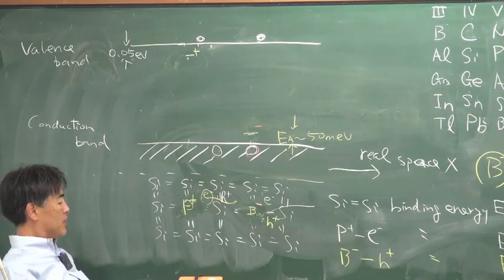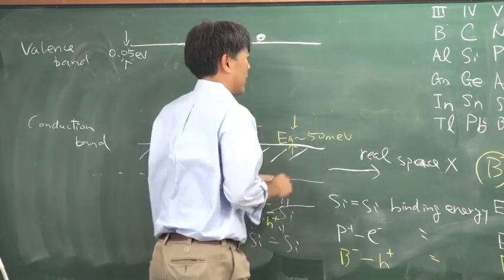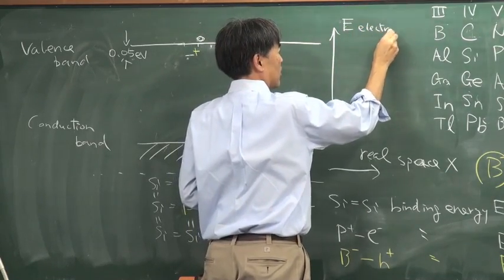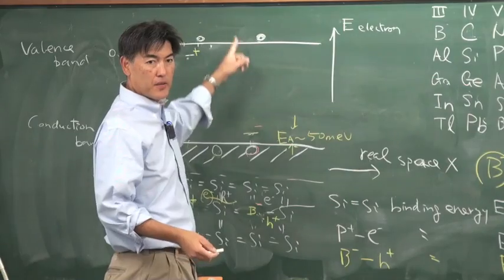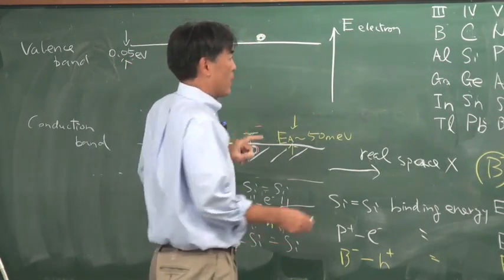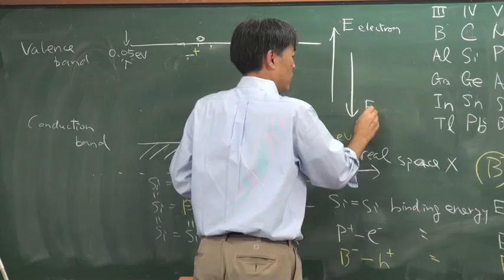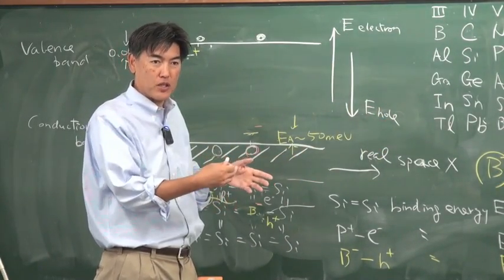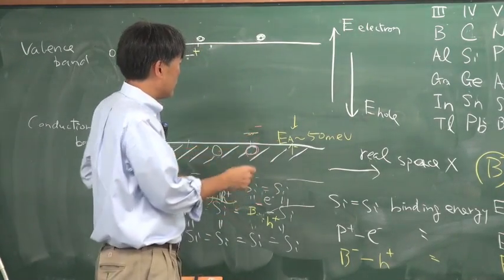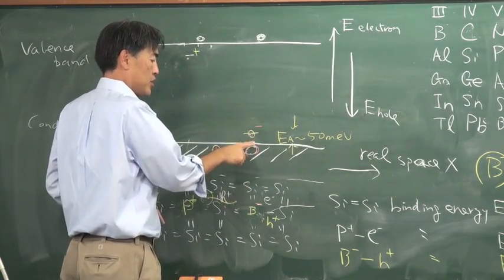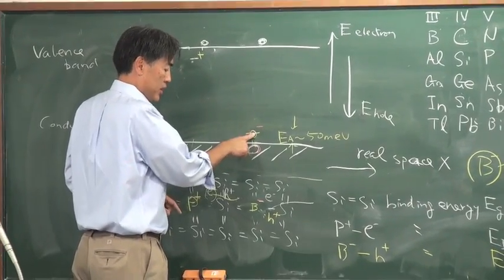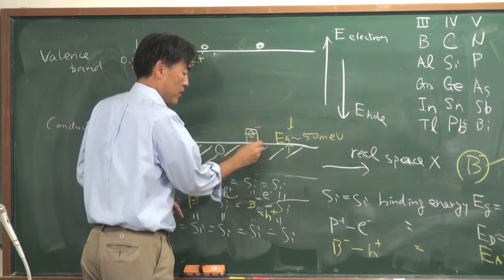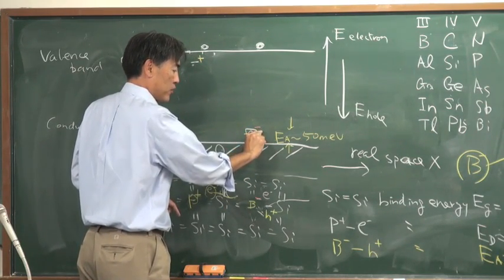So what I'm trying to say here is that in this direction, the energy of electrons is higher. Right? Energy of electrons is larger in this direction. However, the energy of holes is larger in the opposite direction because it's an opposite charge. So a hole sitting here has lower energy than a hole sitting here. A hole sitting here is a hole bound to boron. And so it has a trap about 50 millielectron volts deep.